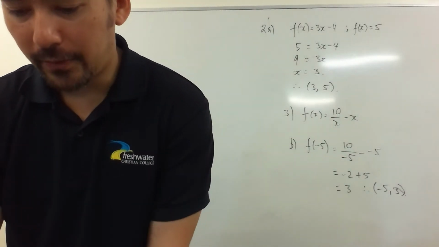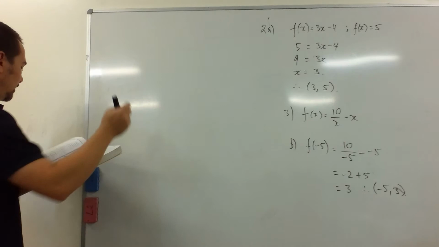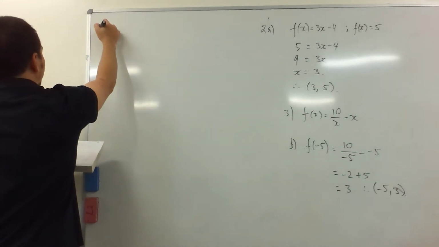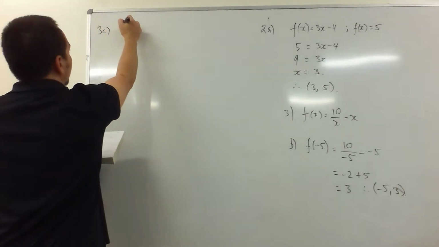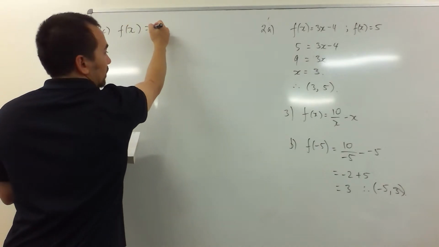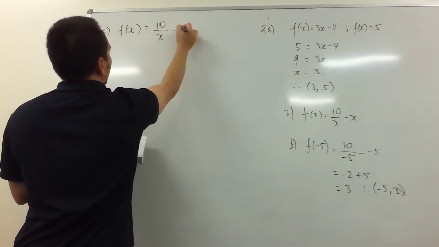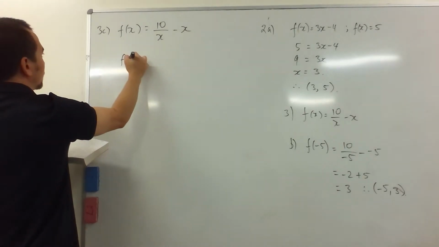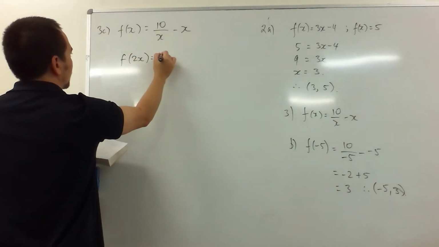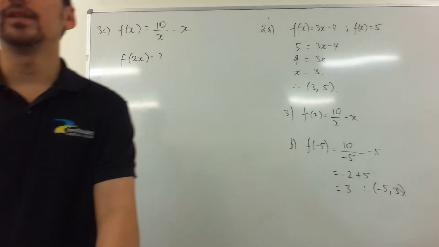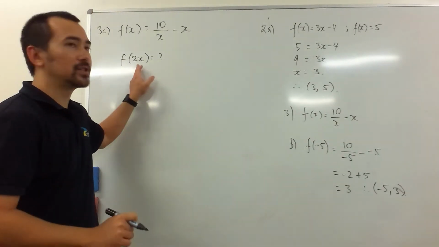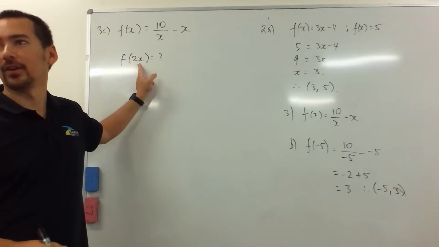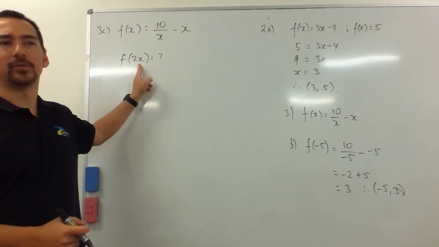Because in question 3c, it looks like this. They want to know, what is the function when x is equal to 2x? All right? You're like, what do we do now?